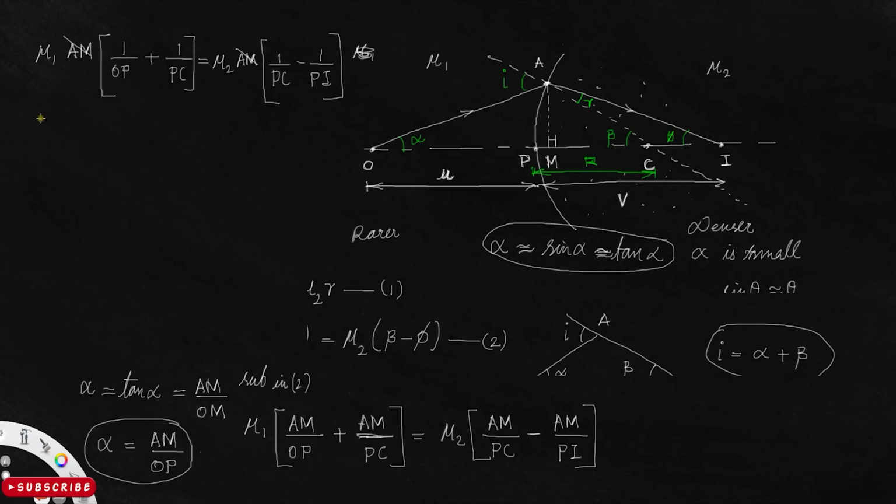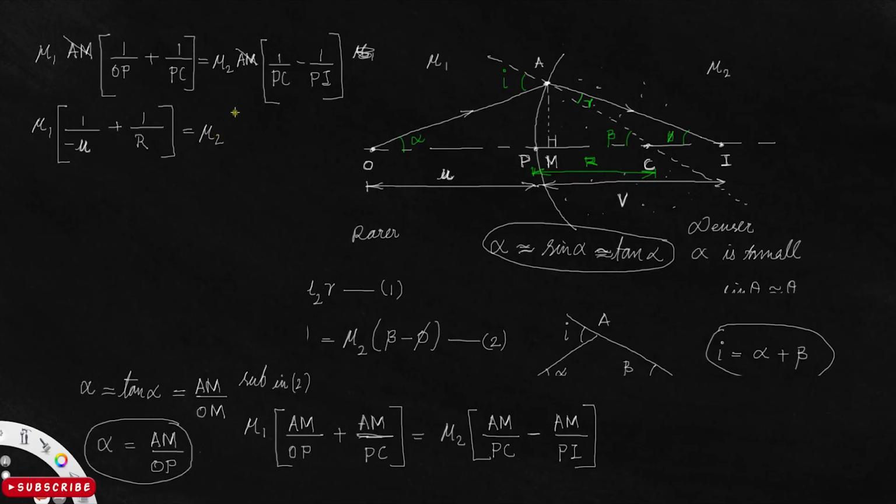So this equation will become mu1 into 1 by, see OP is actually u, that too on the left of P, so I have to put minus u, plus 1 by PC, PC is actually r, that will be positive r since it is on the right hand side.